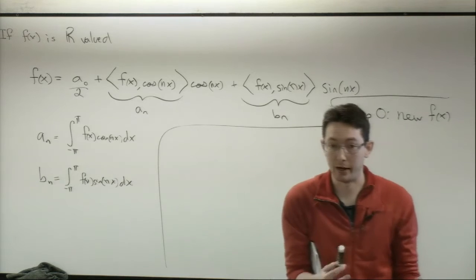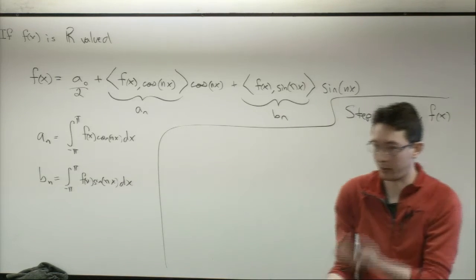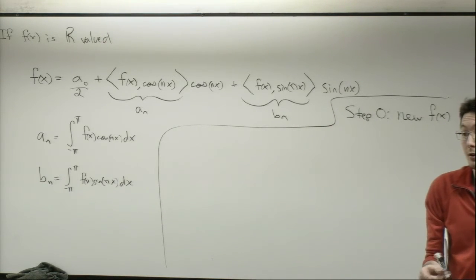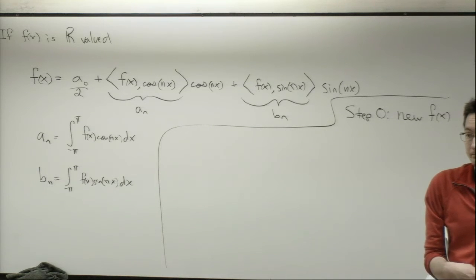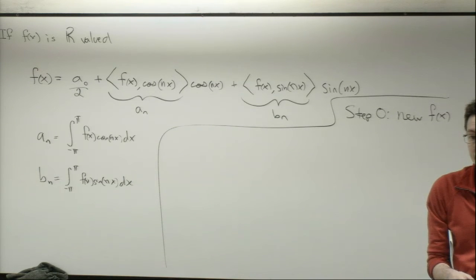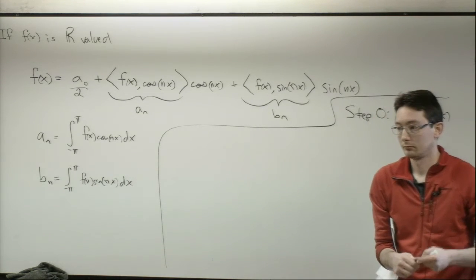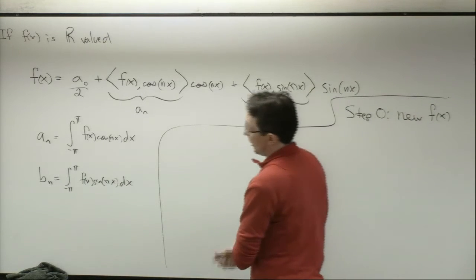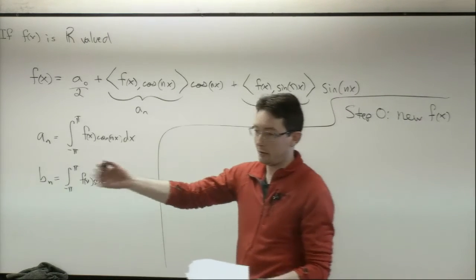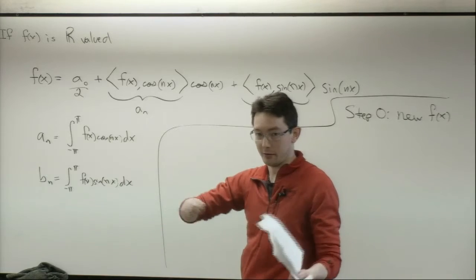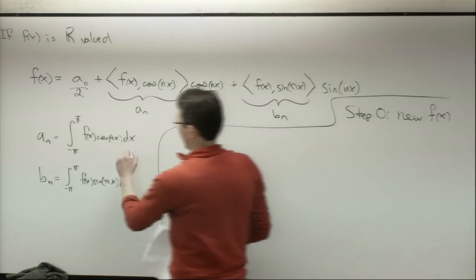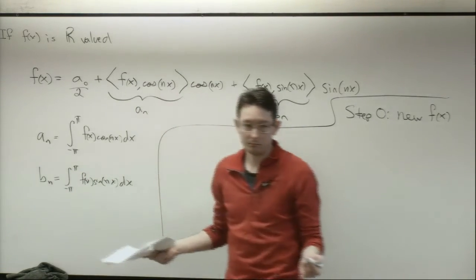What do I actually do if I have a new function f of x and I want to compute its Fourier series? Yeah, I would do some kind of a for loop either in my computer or by hand. And I would basically write down these integrals and I'd try to solve them.